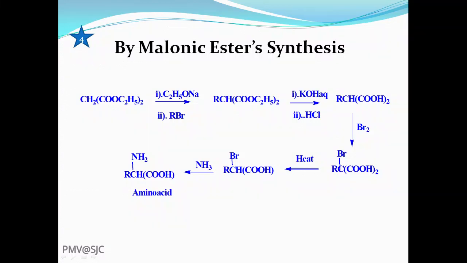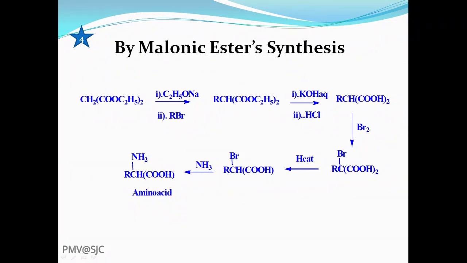This dicarboxylic acid, on reaction with bromine, has one of its hydrogens replaced and a bromo dicarboxylic acid is obtained. This bromo dicarboxylic acid upon strong heating gives rise to alpha bromo carboxylic acid, which on amination gives the amino acid.